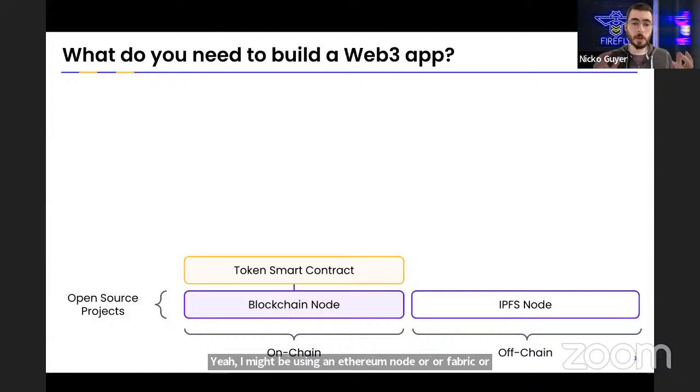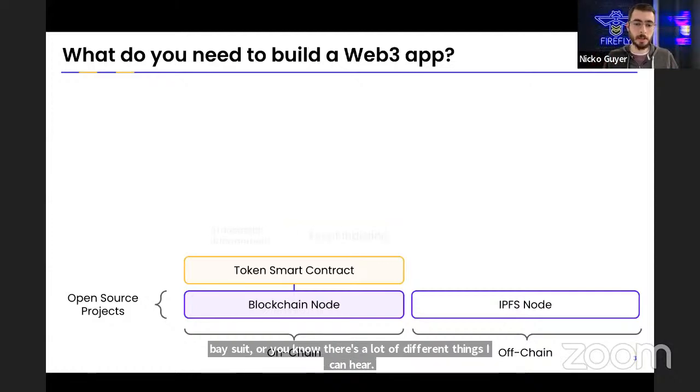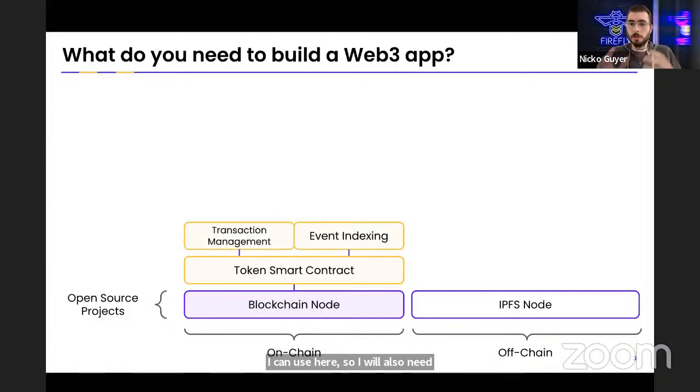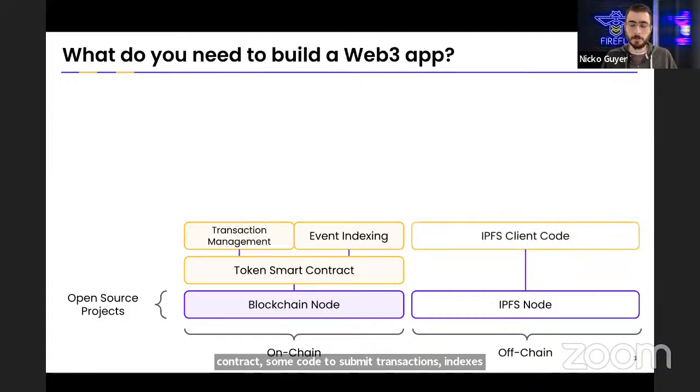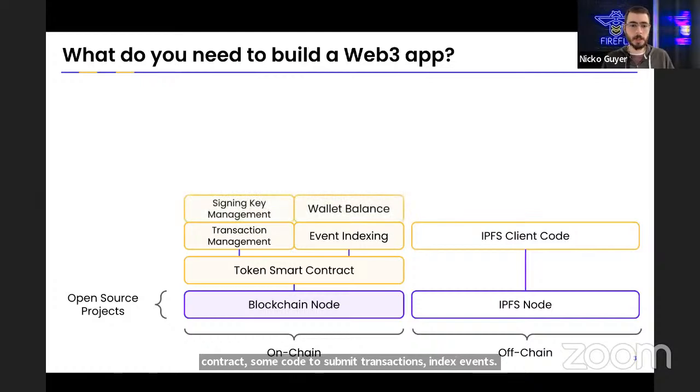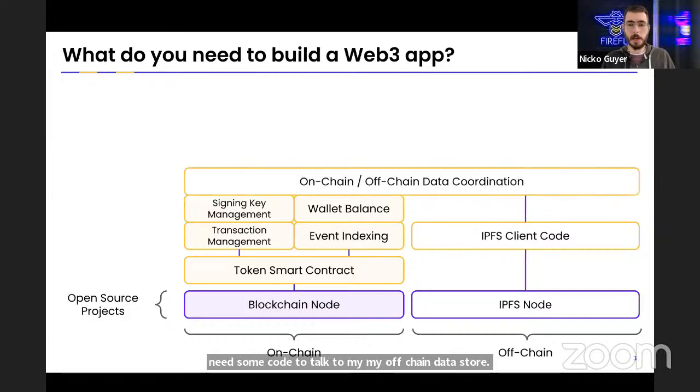I will also need a token smart contract, some code to submit transactions and index events. I'll need some code to talk to my off-chain data store. I need to manage all my signing keys and wallet balances, and I need some code that's going to bridge these two worlds, all the stuff happening on-chain and all the data that's off-chain.